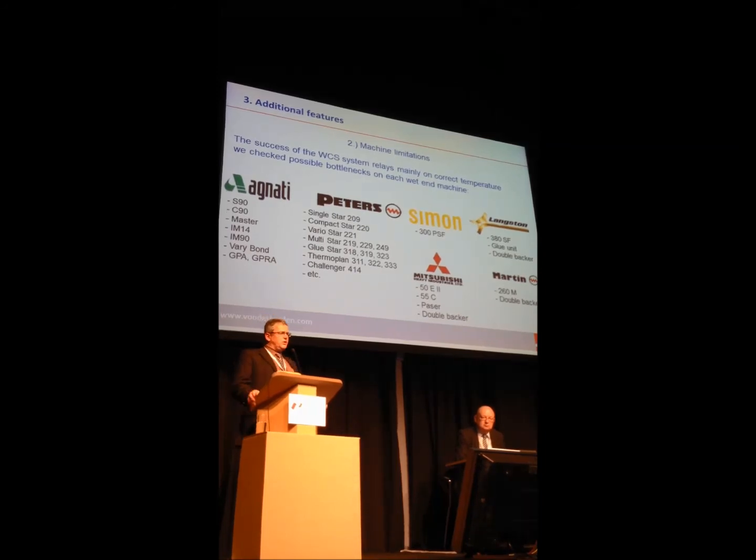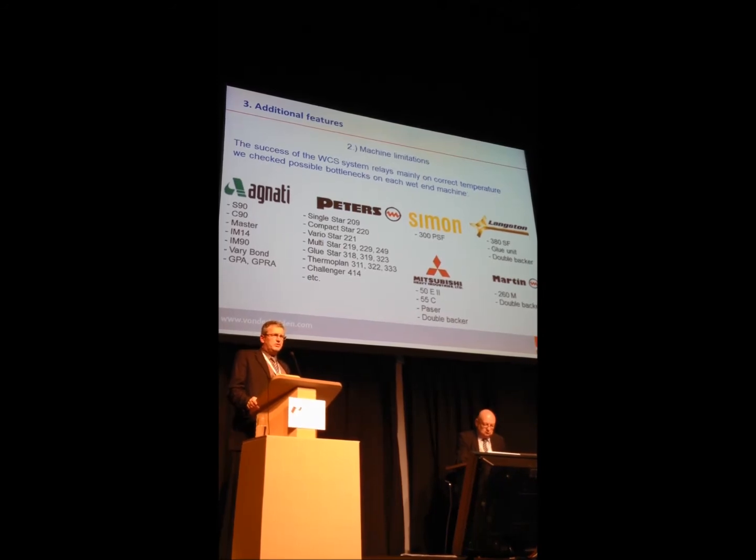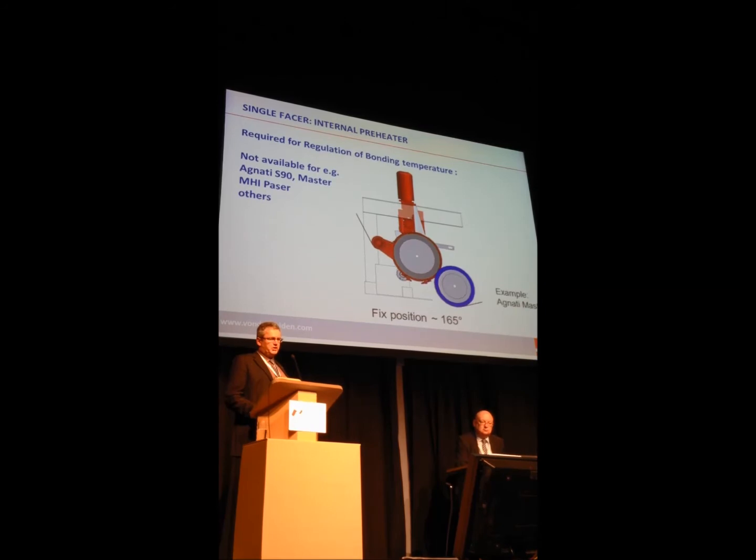And then we looked at the machine limitations, and the success of the warp control system is related mainly to the correct temperature. So we checked the possible bottlenecks on each machine. For us, it doesn't matter whether it's an Agnati machine, a Peters machine, Simon, Langston, Martin, Mitsubishi, K&H, whatever you have, we look at this very carefully and check for opportunities. One of the biggest problems of many single facers is the internal preheater, which is required for the bonding temperature.